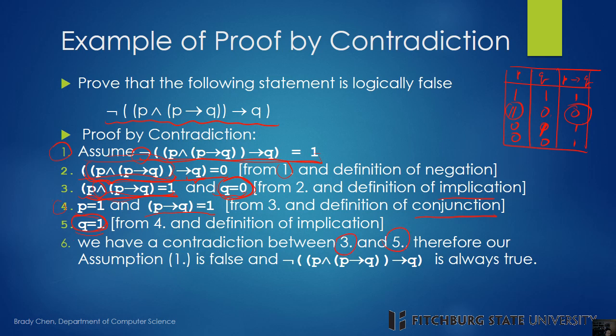The reason we got a contradiction is because our assumption is not correct. So assumption 1 is false. If assumption 1 is false, that means this is always going to be false.